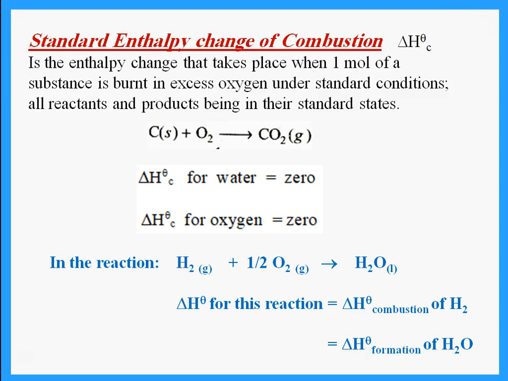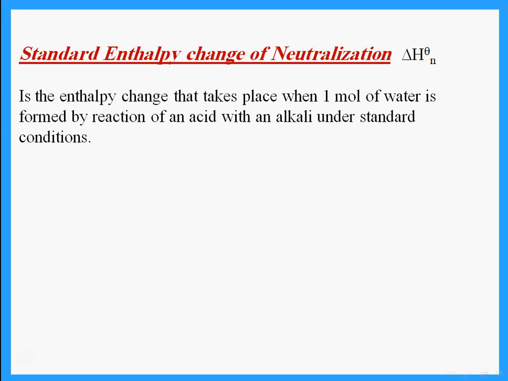So the delta H for this reaction would also be the delta H of formation of water. So you can have the same equation giving you both. If you are given the delta H for that reaction, hydrogen plus half oxygen to give water, that is the delta H of combustion of hydrogen, and it is also the delta H of formation of water.